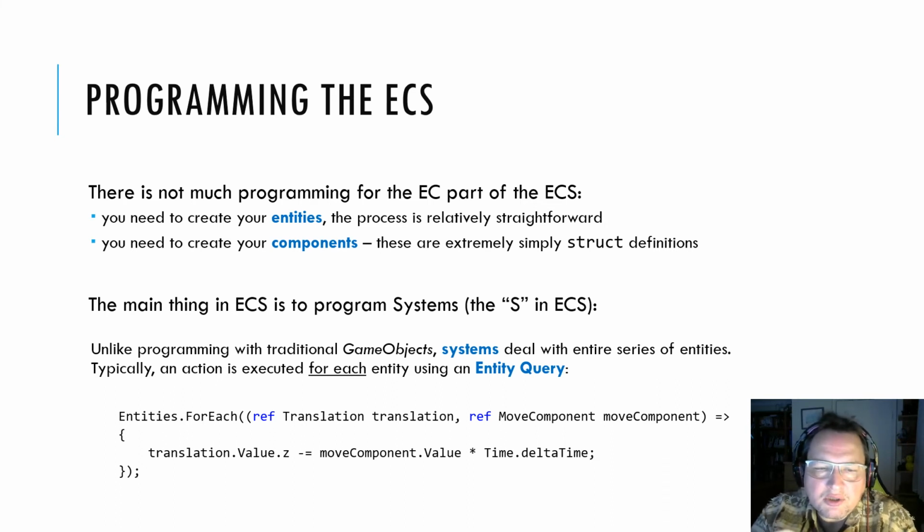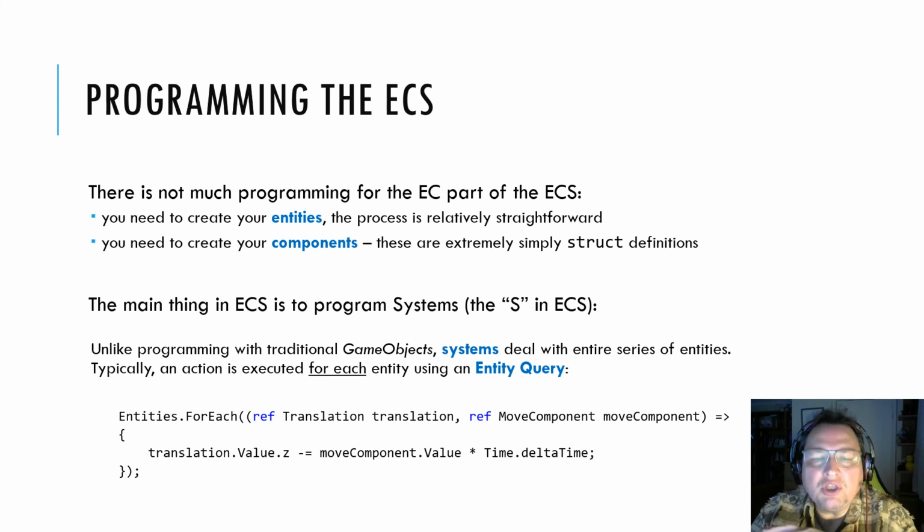This is a little bit funny C# syntax here, but anyway, what it does, it chooses all the entities that are compatible to this signature, which in this case is every entity that contains a translation data component and a move data component. So this is basically a definition of an entity archetype.